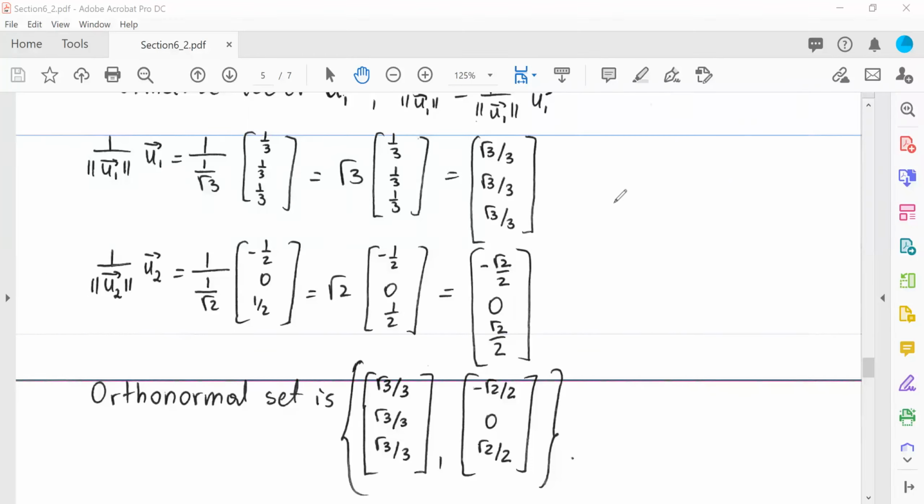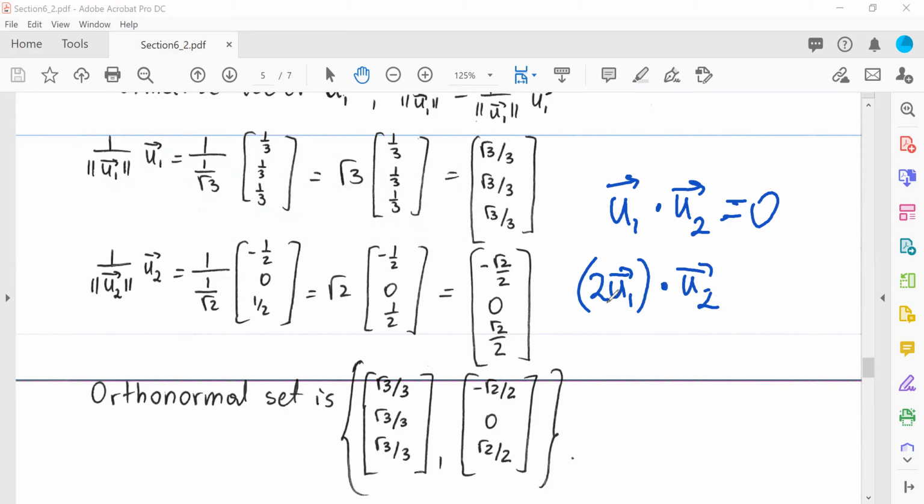If I have two vectors, u1 dot product u2 is 0. That means those vectors are orthogonal, right? Now I multiply this, let's say, times 2. So 2u1, if I take the dot product with u2, I can take any scalar. I'm just showing 2 to simply see it.